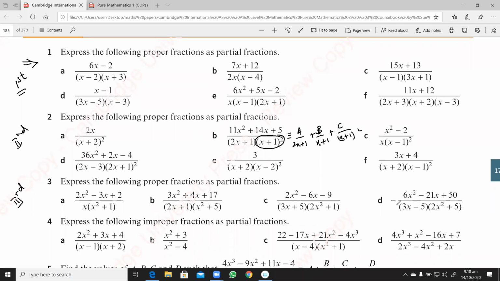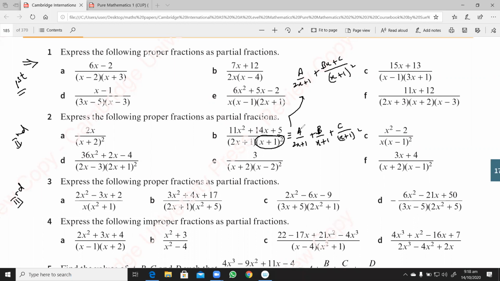So I'll be combining these 2 and 3 together today, and if you remember yesterday, I told you that this could also be written as a over 2x plus 1, and then plus bx plus c over x plus 1 whole square.